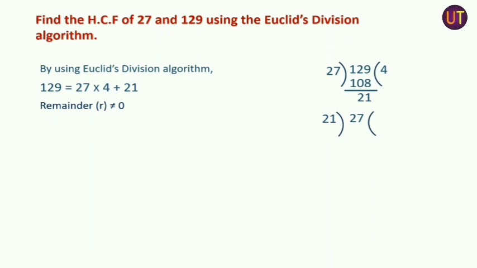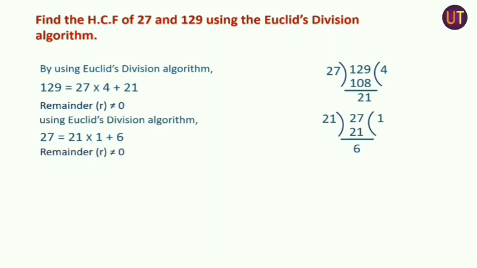You will divide it 1 time. So 1 time 21 is 21. So here we are getting the remainder as 6. Here again, by using Euclid's division algorithm, we can write 27 equals 21 multiplied by 1 plus 6.